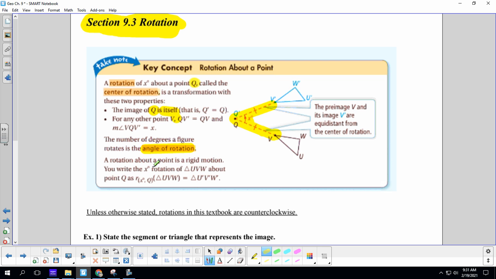You write the x degree rotation of triangle UVW about point Q as, and this is the terminology part, the language interpretation: little r means rotation. The first number is the amount of degrees you go, and the second item is the point you're rotating around.